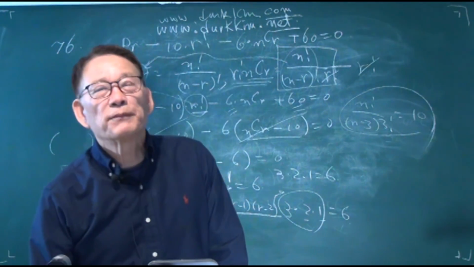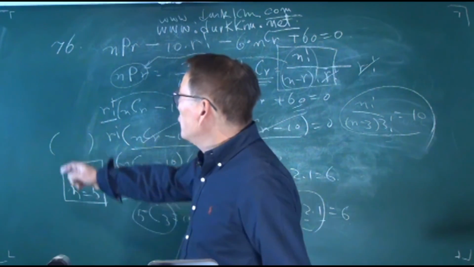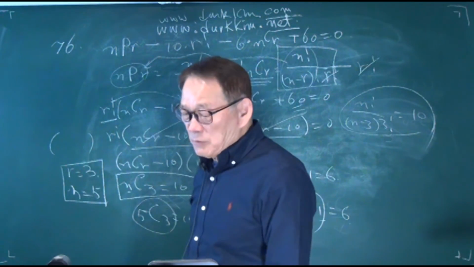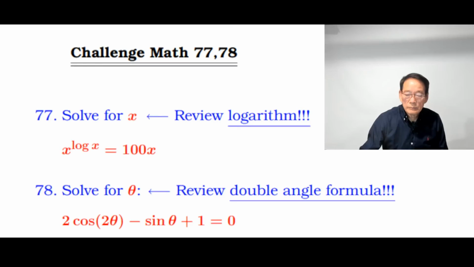Okay, see you next problems. Next time I will go over challenge math problems 77 and 78. Number 77: solve for x, x to the log of x equals 100 times x.